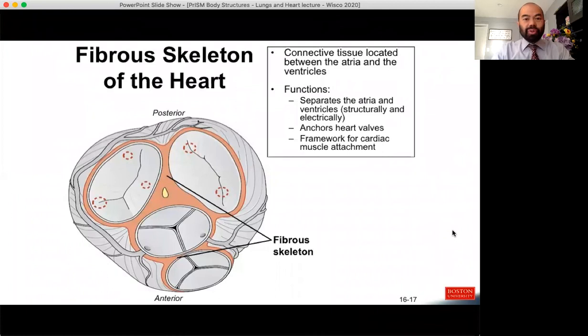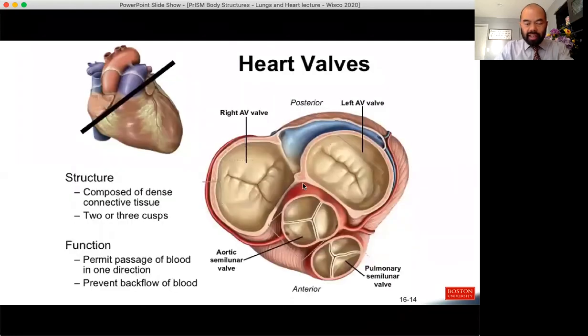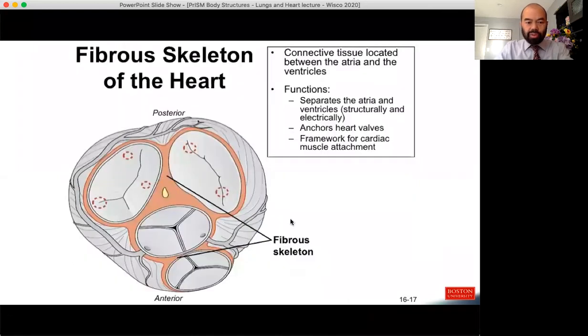Okay, this is a really important structure of the heart. It's called the fibrous skeleton. And actually, let me go back to the previous slide. The fibrous skeleton is a structure that surrounds each of the different valves. If we draw it this way, it's drawn here in this tan color or orange, I don't know what color that is.